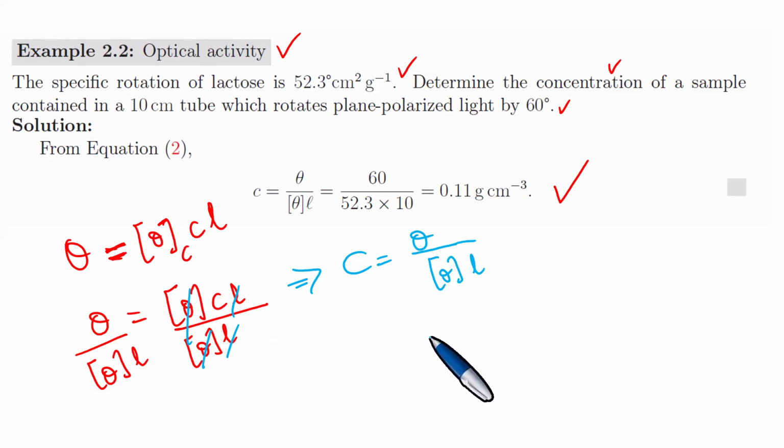Now at this point, the angle theta becomes 60 degrees, plane polarized light by 60 degrees.